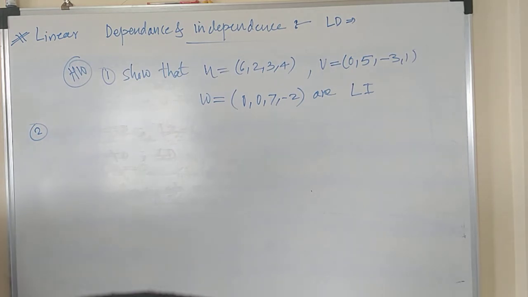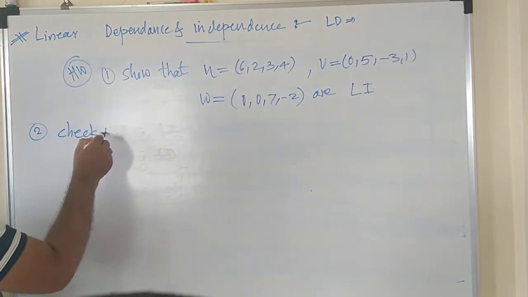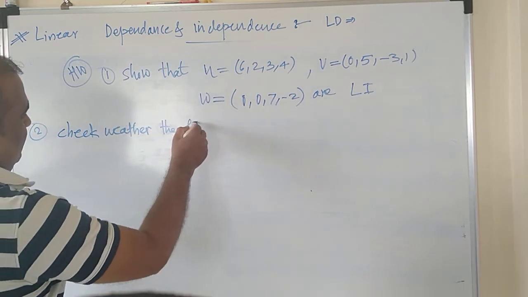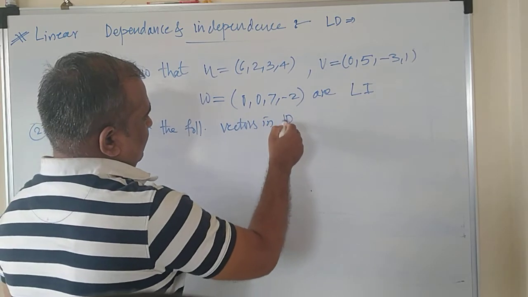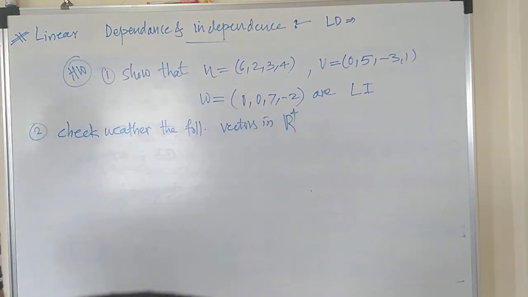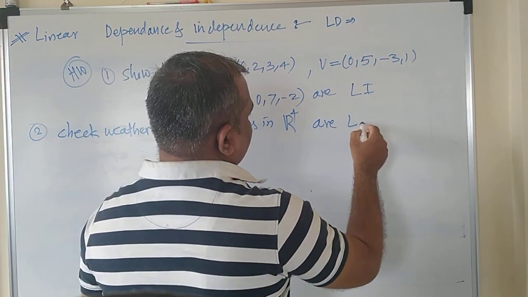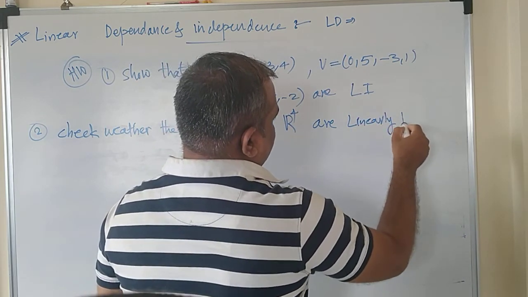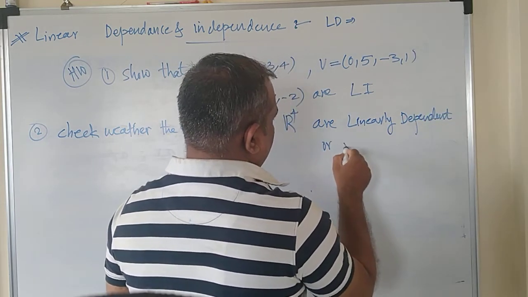Second is check whether the following vectors in R4 are linearly dependent or not.